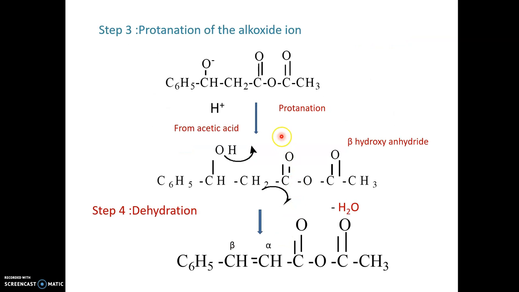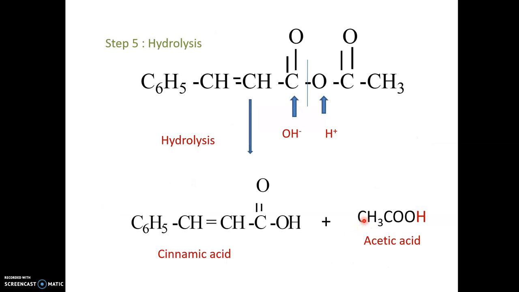This alkoxide ion in turn takes a proton from the acetic acid to give the beta hydroxy anhydride, which undergoes dehydration and results in the formation of an unsaturated anhydride which undergoes hydrolysis to give the two products, namely the cinnamic acid and the acetic acid. And this is all about the Perkin reaction.